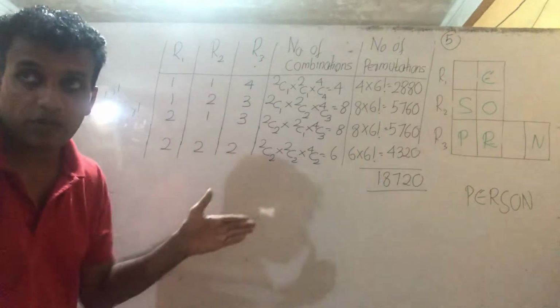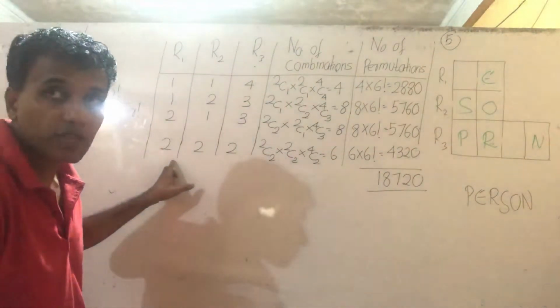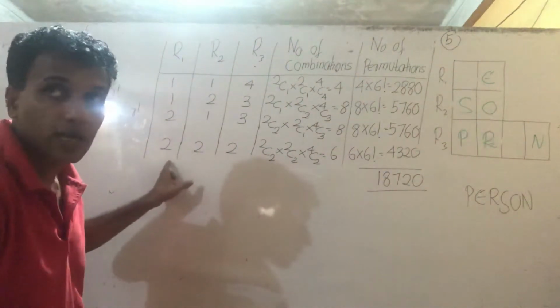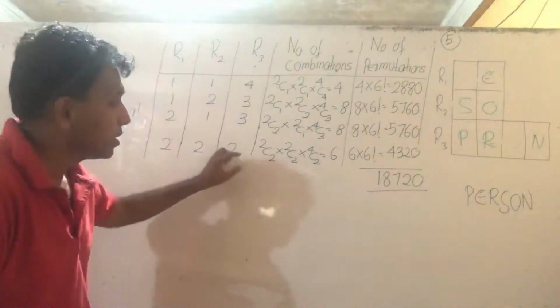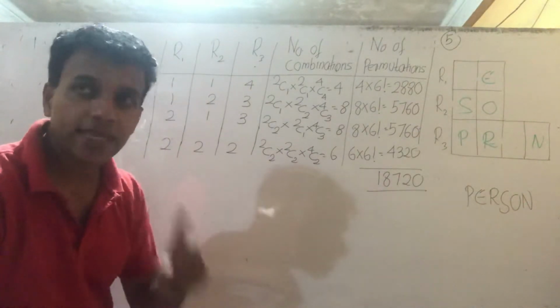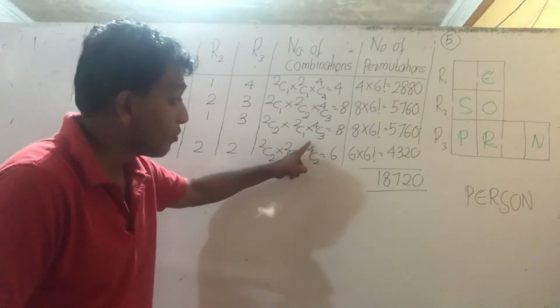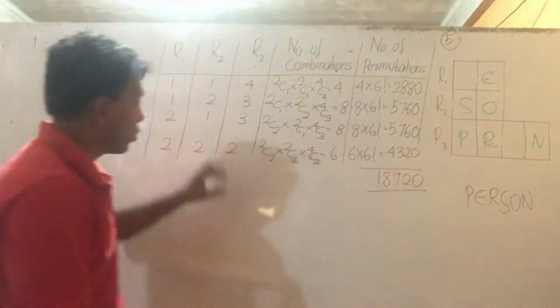You can watch this video in the same way. The last one: the first row 2 letters, second row 2 letters, third row also 2 letters. Therefore 2C2 covers all; 2C2 is 1, nCn is 1. The last one is 4C2, since 4 blanks are available but I use only 2 letters.